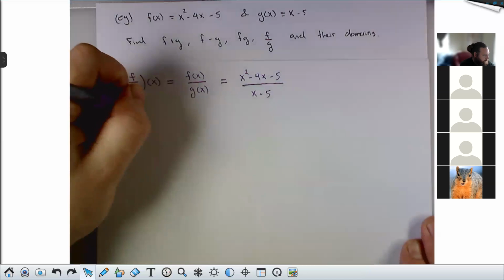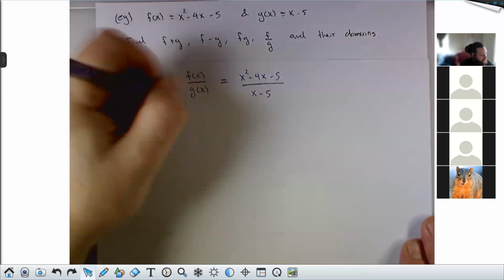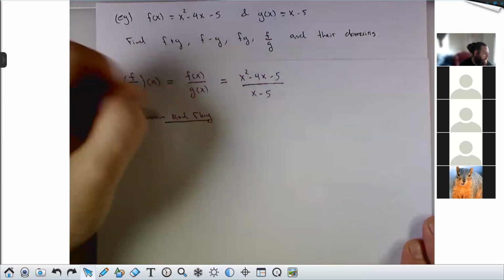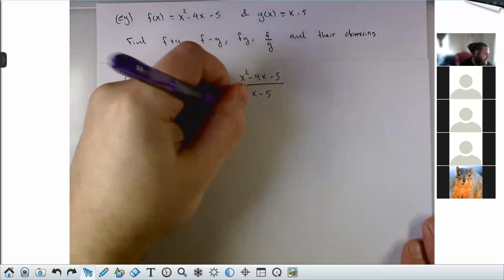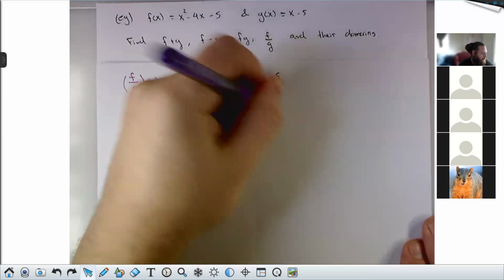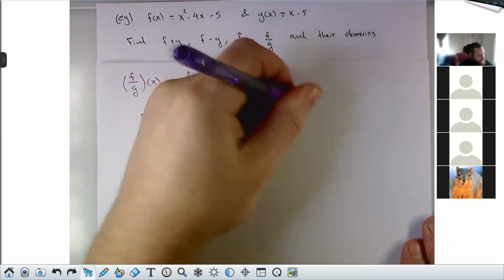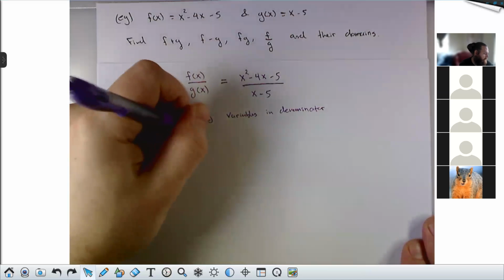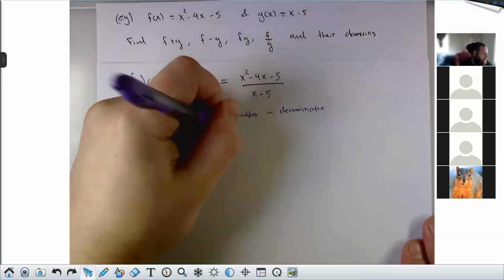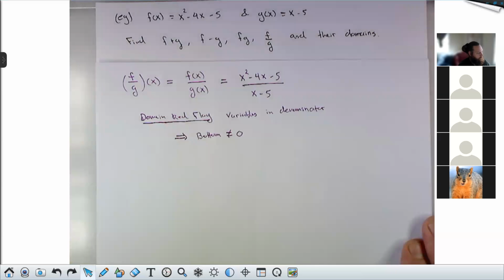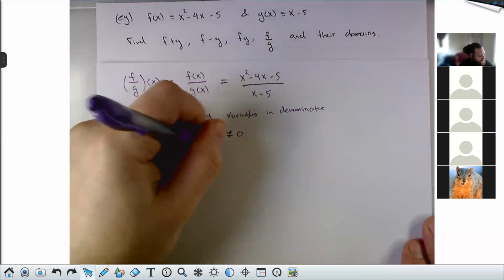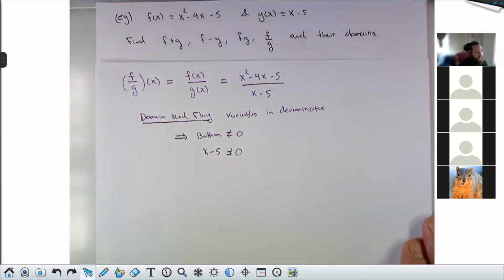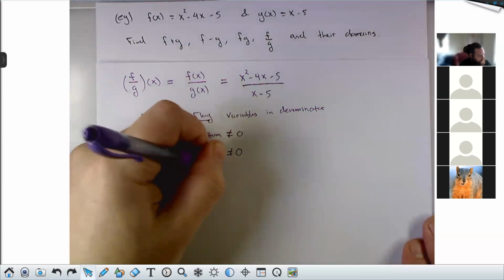The domain red flag here is the variables in the denominator. So we know that the bottom is not allowed to be 0. So we need x minus 5 to not be equal to 0. And that means x is not allowed to be equal to 5.